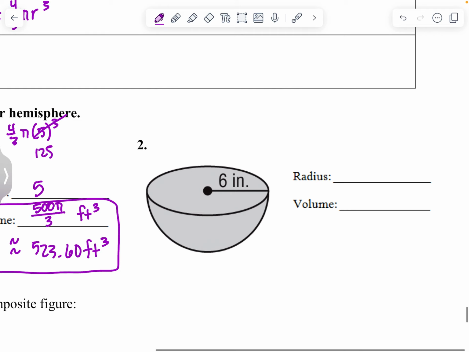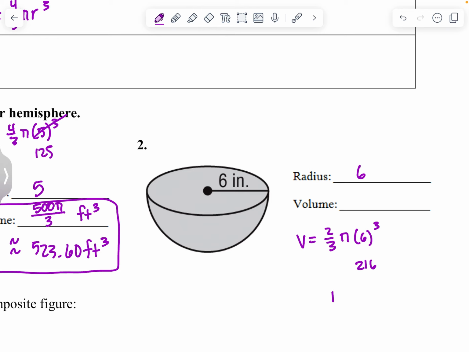So here we have a hemisphere. Hemisphere is not 4/3 pi, but it's 2/3 pi. So the volume is equal to, the radius is 6, 2/3 pi times 6 cubed. 6 cubed is 216, and the nice part is 3 goes into 216, so this is going to work out very nicely. 216 divided by 3 multiplied by 2, or 2/3 of 216, should be equal to 144.